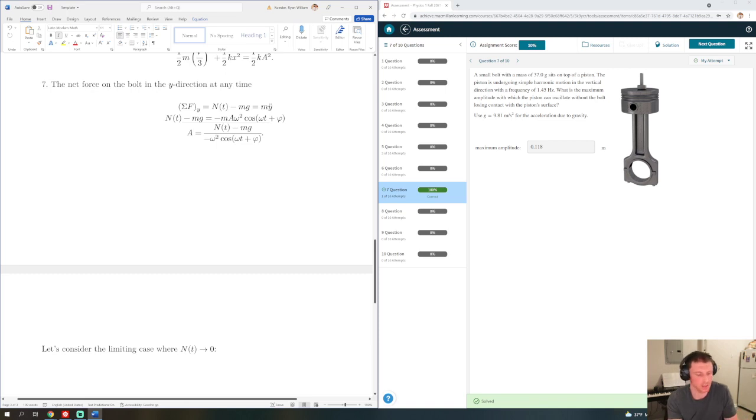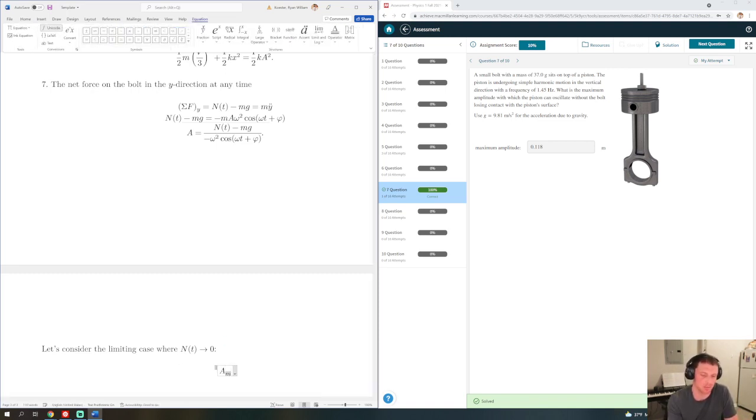All right, I think I'm just going to leave it at somehow it works out to be that the max amplitude is given by mg over omega squared. I'm not sure what I'm missing here.